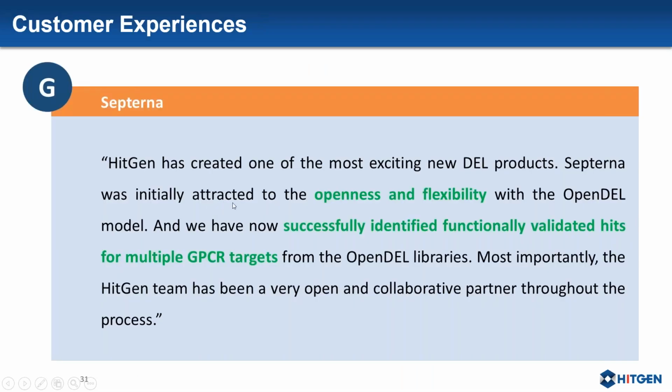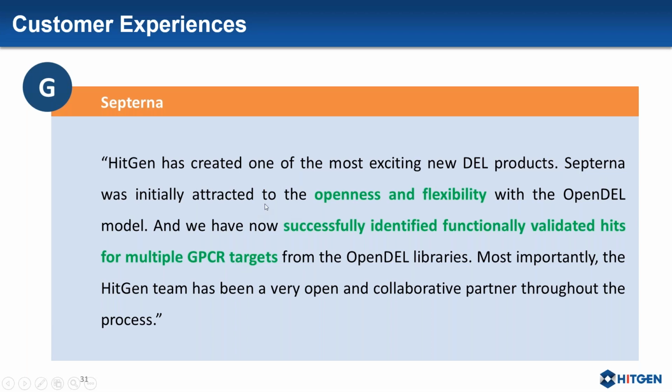During this process, we very much appreciate it if customers give some feedback, either positive or negative. Here is one of our customers, a US biotech company called September. They are focused on GPCR target study.